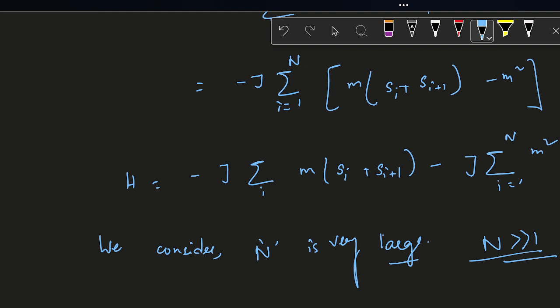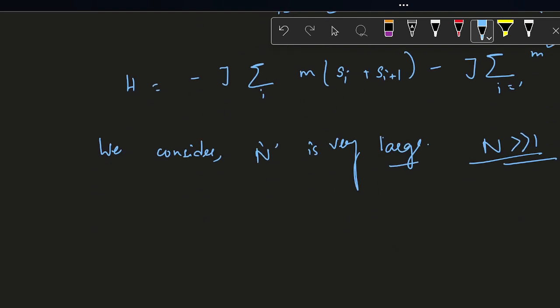So we can take this consideration that there are a large number of spins present, and under this limit we can approximately say that the sum over Si is nearly equal to the sum over Si+1. That means if you take the sum of the spin moments for all possible values of i from 1 to n, you just take the nearest neighbor spin value, which is Si+1, and take the summation of it for all the n values. And because n is very large, that will not make much of a difference, and we can approximate that this summation is nearly equal to this summation.